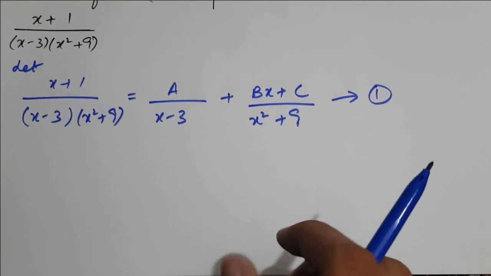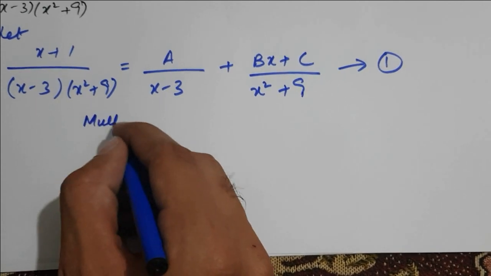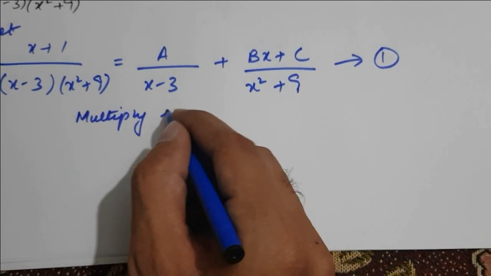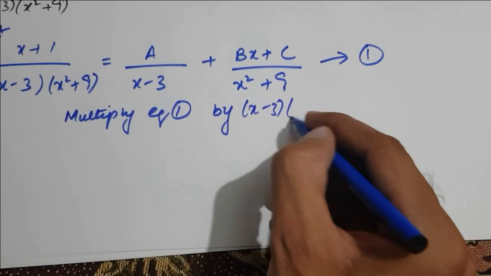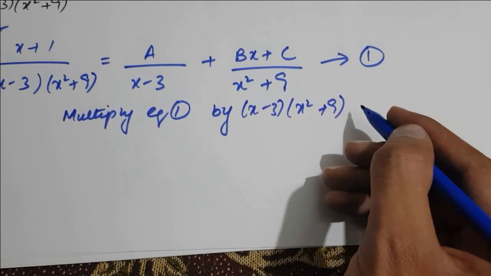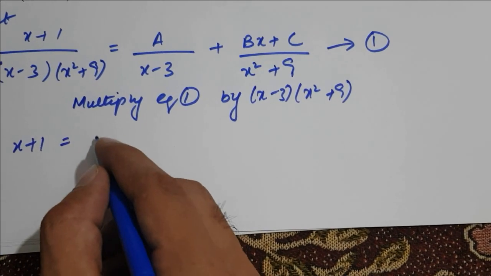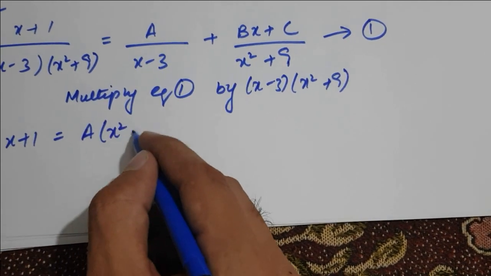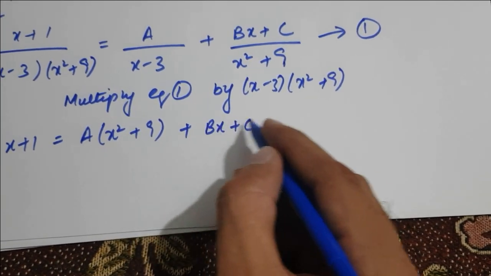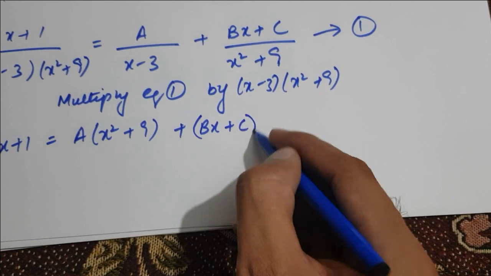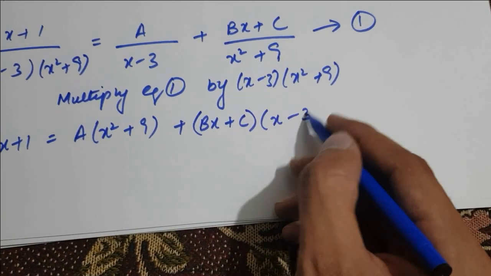So now moving on, same method, we multiply equation 1 by (x minus 3) into (x squared plus 9). We get x plus 1 equals A multiplied by (x squared plus 9) plus (Bx plus C) whole multiplied by (x minus 3).